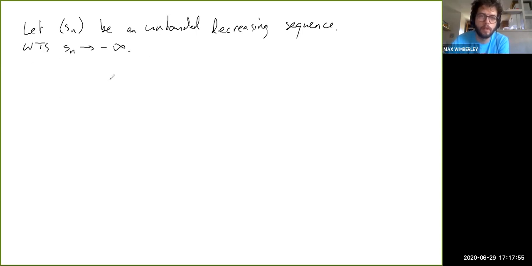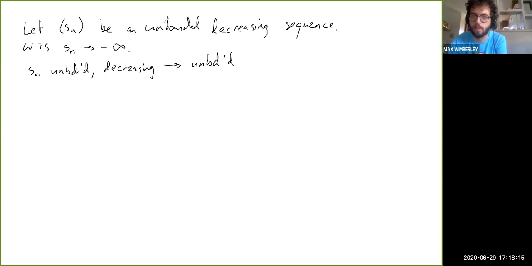So the first thing to say here is that the fact that Sn is unbounded and decreasing means it is unbounded below specifically, right? Because remember that unbounded technically just means unbounded in one of the two directions, but because it's decreasing, in this case it specifically has to be unbounded below.